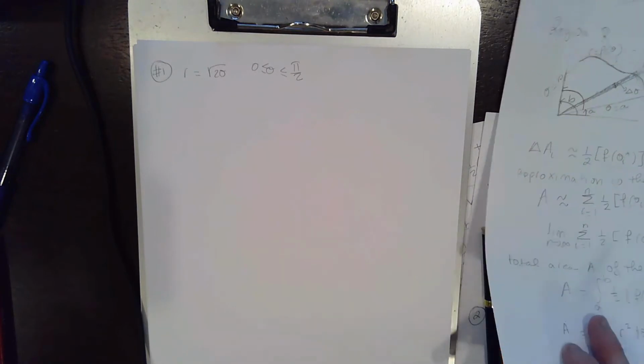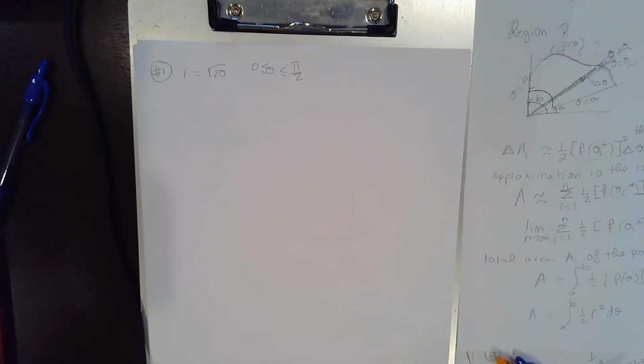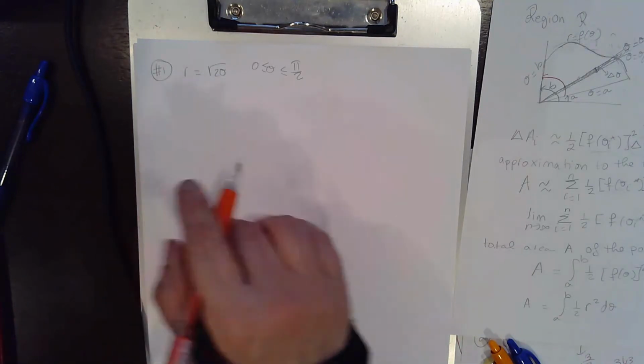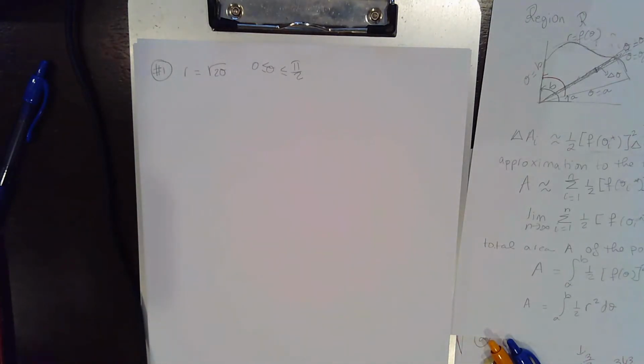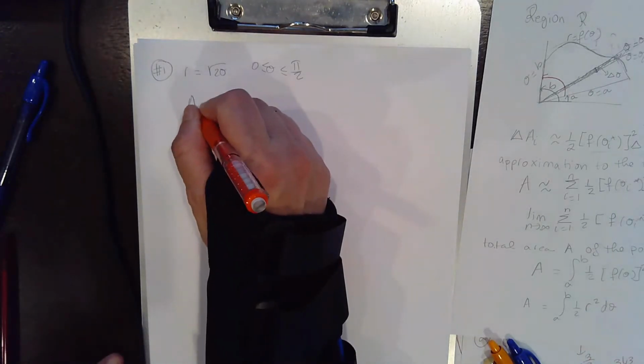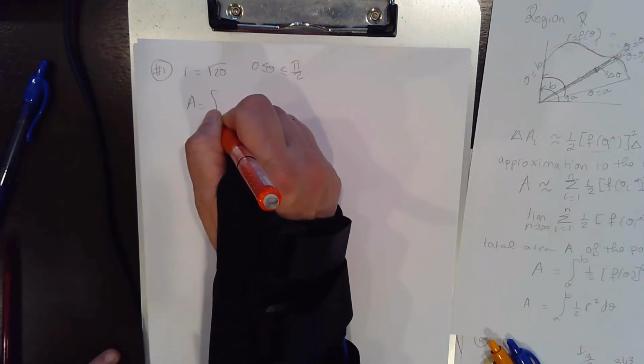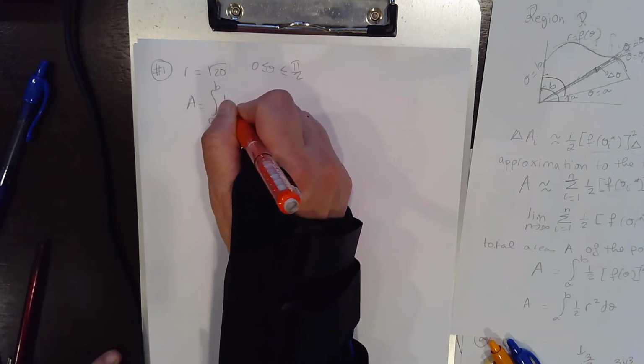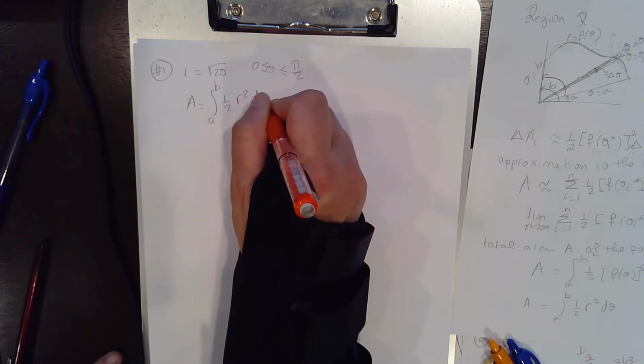How do we find the area bounded by this curve and that lies in the given sector? Well, the area would be what? Using the formula, what do we have? A equals the integral from a to b of 1/2 r squared d theta, right?